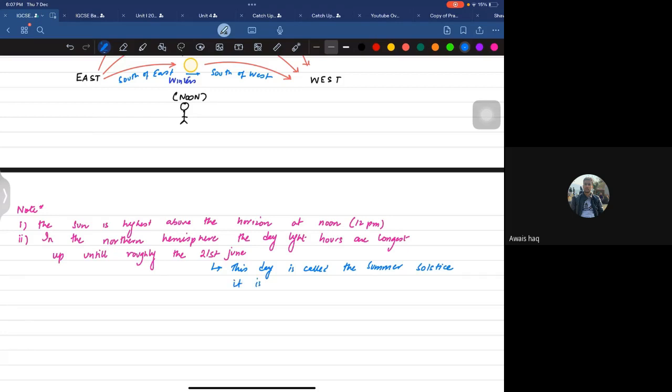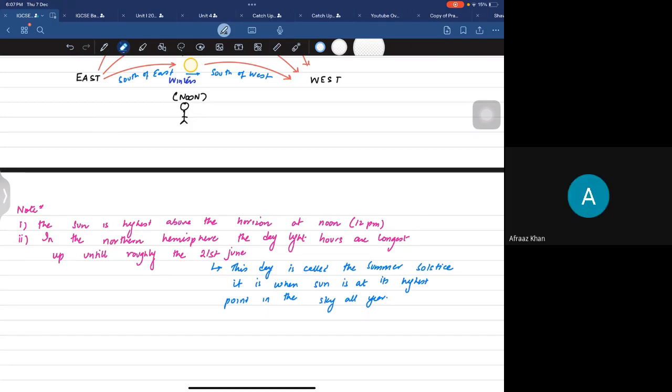It is when the sun is at its highest point in the sky all year, like that. Then kids, so what does highest point mean?